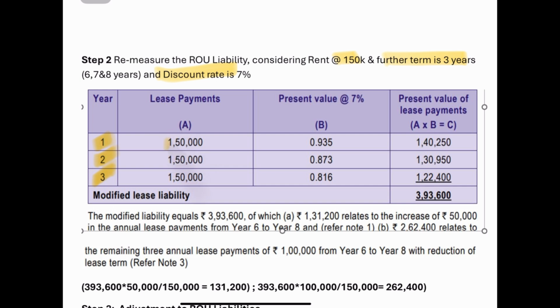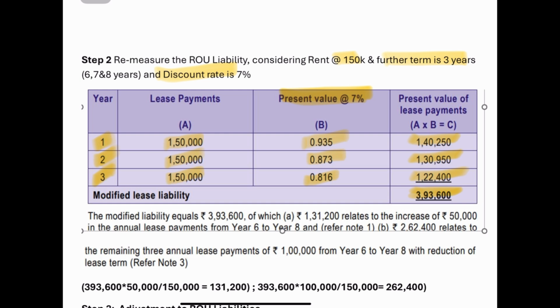Year 6 you will pay 150,000, year 7 you will pay another 150,000, year 8 you will pay 150,000 after modification, and your present value needs to be calculated at 7% and not 6%. So 1 by 1.07 you will get 0.935, and 0.935 divided by 1.07 you will get 0.873, and 0.873 divided by 1.07 you will get 0.816. And 150,000 multiplied with present value factors will get 140,250, 130,950 and 122,400. So sum of all these three, you will get the present value.